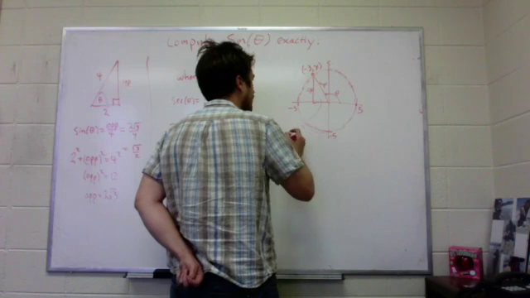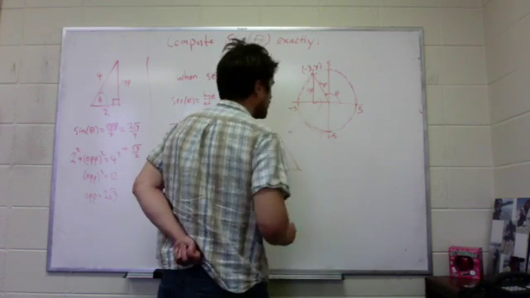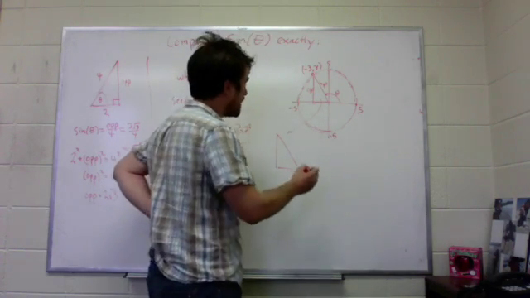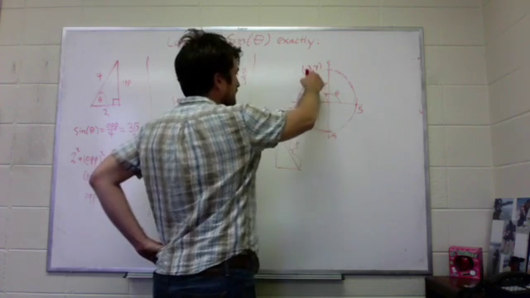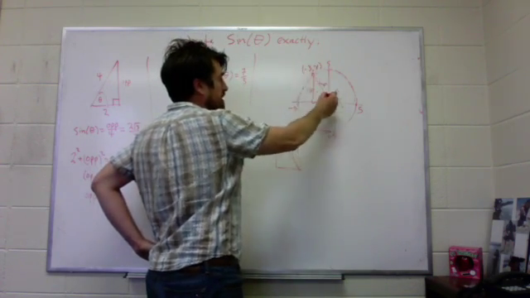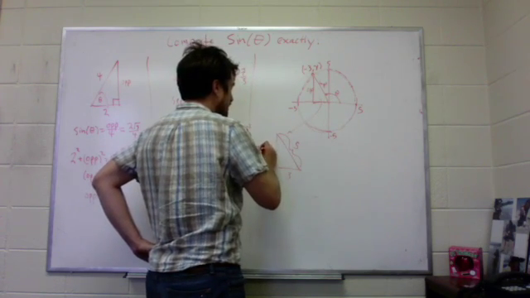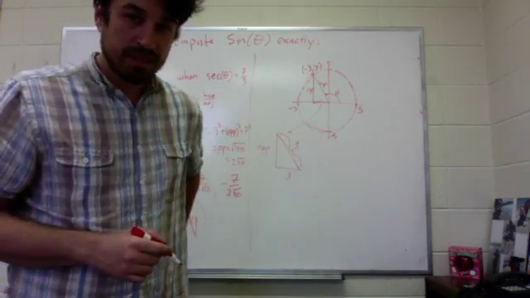Luckily, if I pull this triangle out of here, what do I know? Well, unlike the unit circle, we're dealing with a circle of radius 5. We're dealing here with a hypotenuse that has length 5. The fact that the x value of this point is -3 tells me that the length of this side here is 3. And to compute the sine of this thing, I just need to figure out the opposite side length.